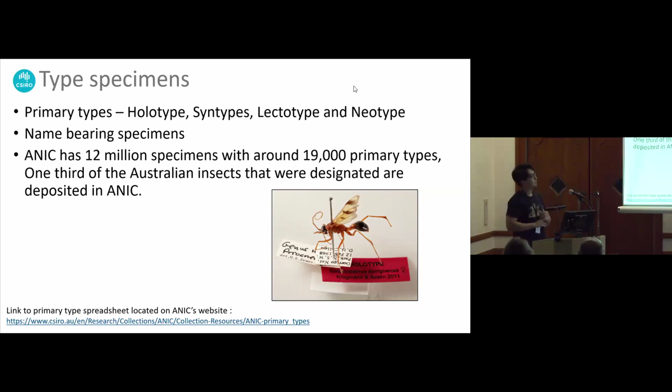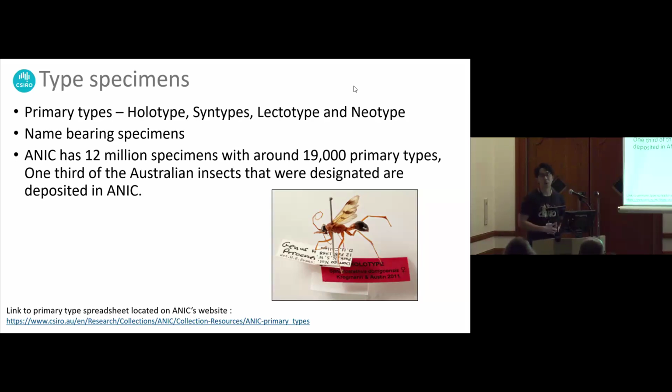ANIC, the Australian National Insect Collection, has 12 million specimens, and within those we have around 19,000 primary types. That's a lot of types. That makes ANIC the largest insect collection in the Southern Hemisphere, and also the largest depository for Australian type specimens. With this vast, valuable collection, we don't want them just sitting at home looking pretty.